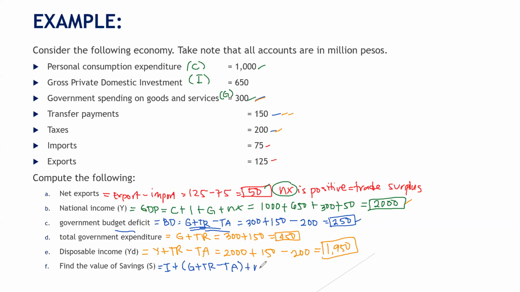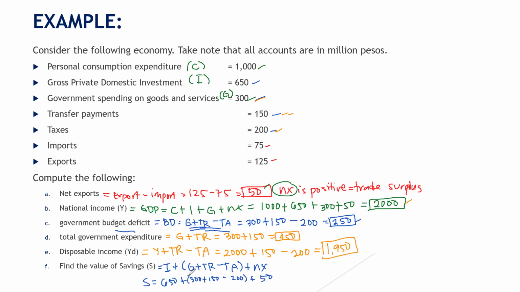Plus the net export. So here our savings is equivalent to investment, so we have here 650 plus the G, 300 plus 150 minus 200. Then the net export here is 50.